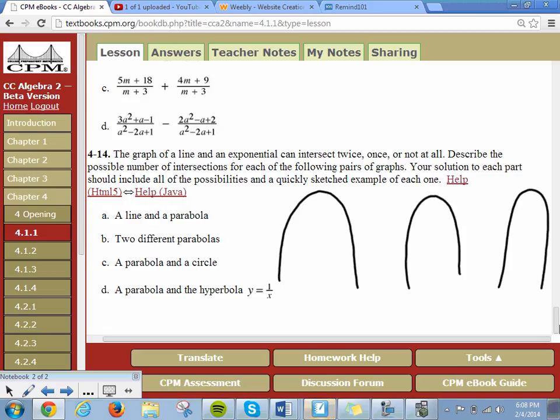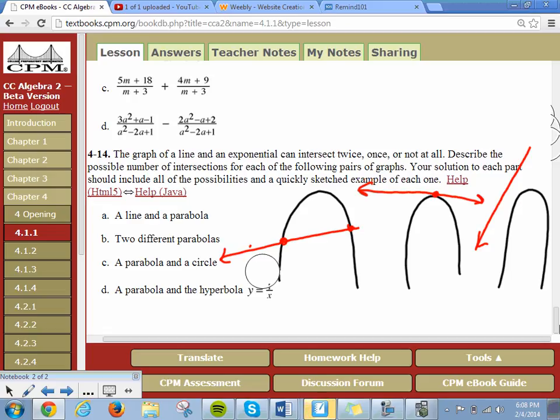It doesn't matter which way you do it. We can intersect once, twice, or not at all. So if we want to intersect twice, that's really easy. This means it's going to go through and intersect at 2 points. Once means we've got a tangent, and it's just going to barely touch that top one, or not at all. It'll just go right by it.